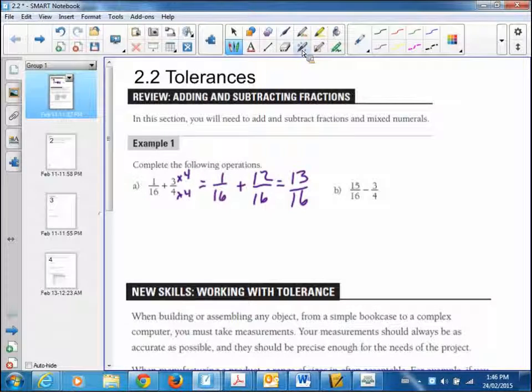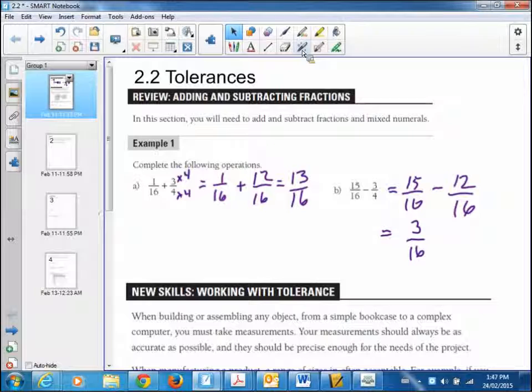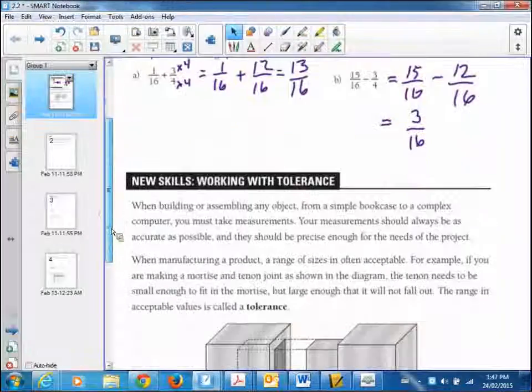I'll give you a second to do the second one, because there's not much to do in this section, and then we're done this section. Here we good? 3/16 as well, right?